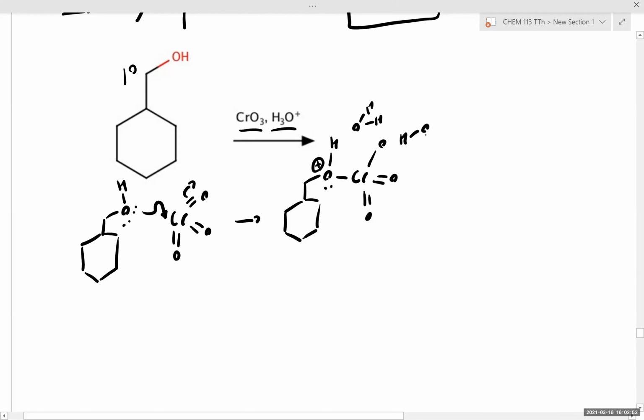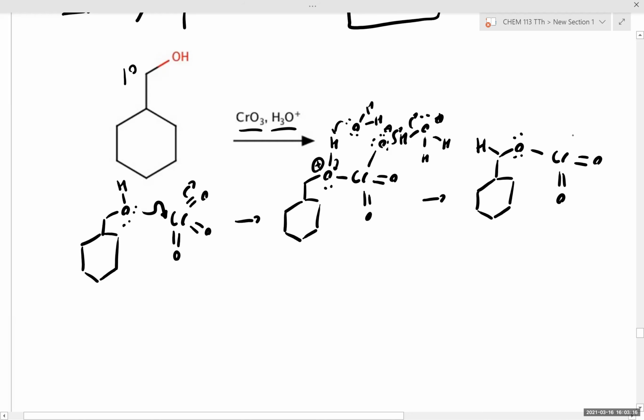We're then going to have a series of proton transfers. From there, we now have our alcohol set up. We have our available hydride equivalent, and now water is going to pull off a hydride equivalent to yield an aldehyde and reduced chromium species.